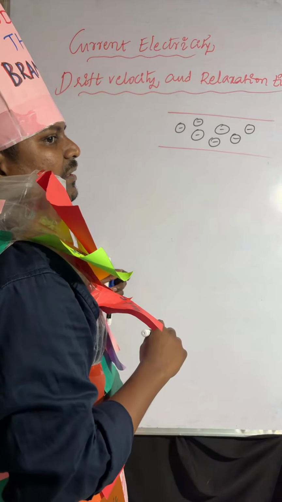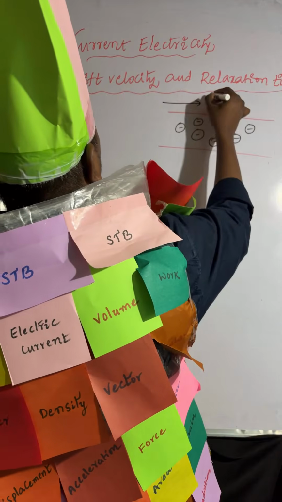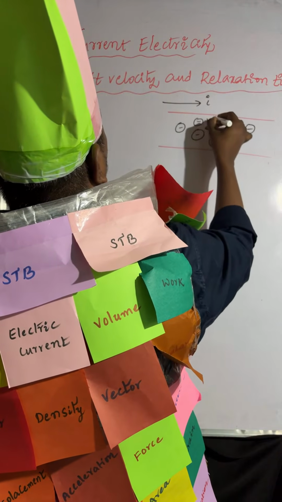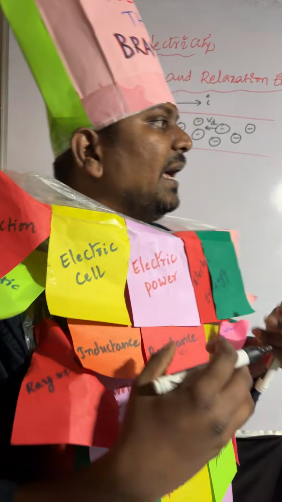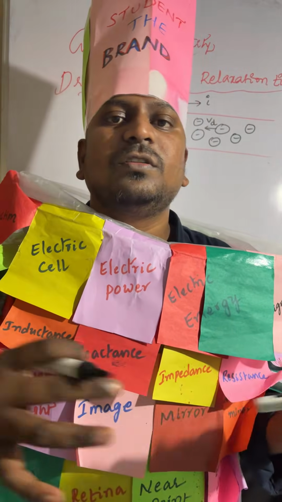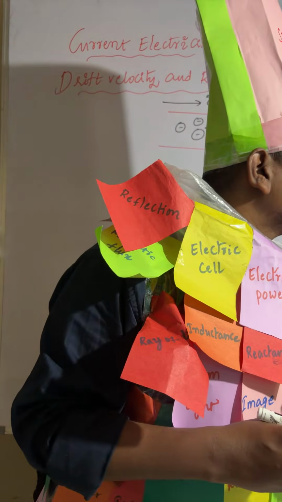Understood or not? Current will be moving in the opposite direction. So electrons move with drift velocity Vd in this direction. Both the electron movement and the current are opposite to each other.